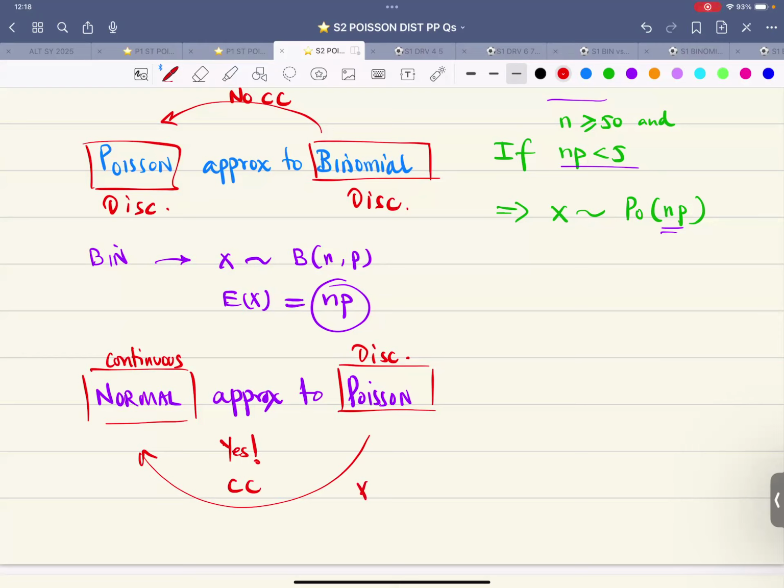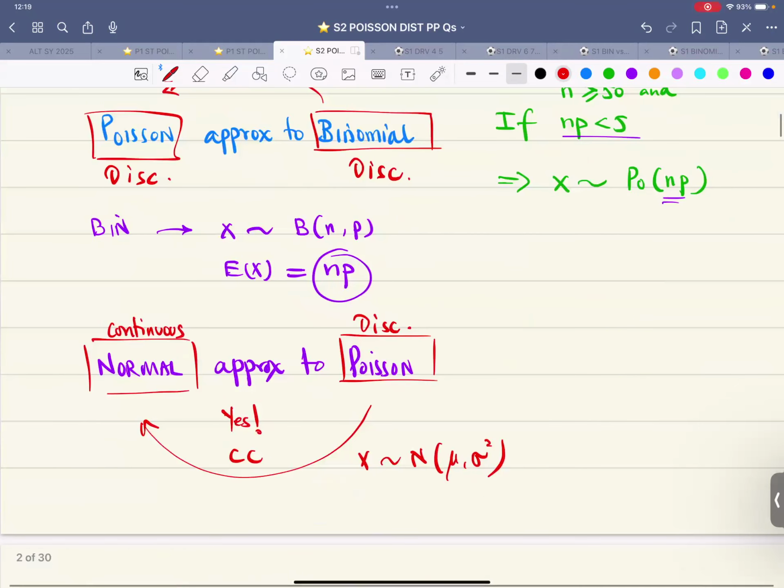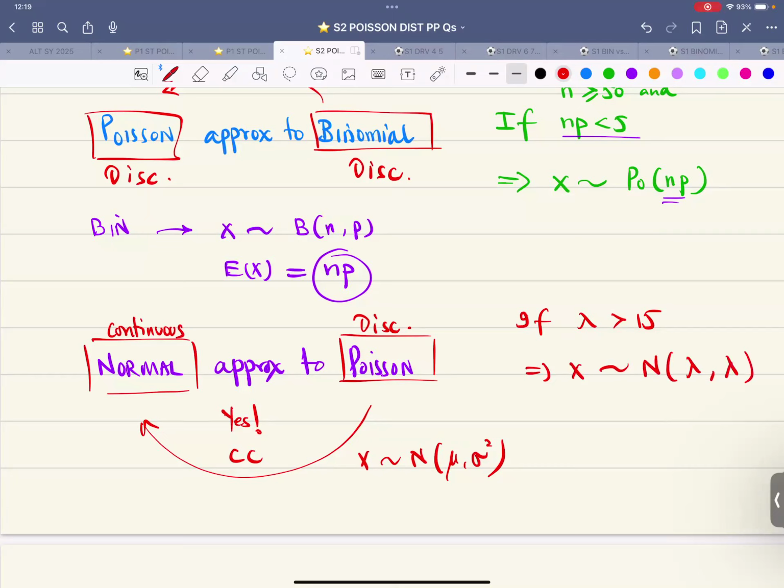We know that X follows a normal distribution, mu comma sigma squared, and that the expectation of X is lambda, so is the variance of X. What is the condition? If lambda is greater than 15, then X follows a normal distribution, lambda comma lambda, because the mean is lambda and the variance is lambda, and that is how the conversion takes place.